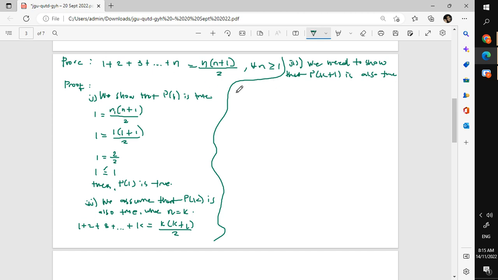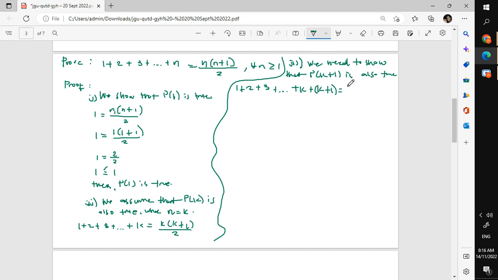This means our statement, 1 plus 2 plus 3 plus dot dot dot plus k, plus this term, will become k plus 1. So the entire variable k on the right side will be changed into k plus 1.